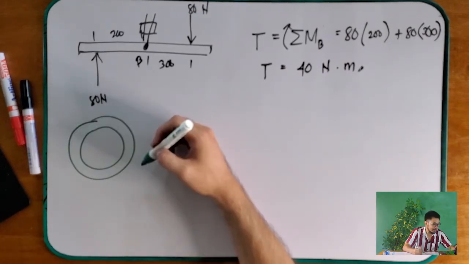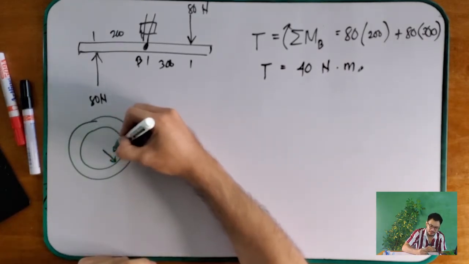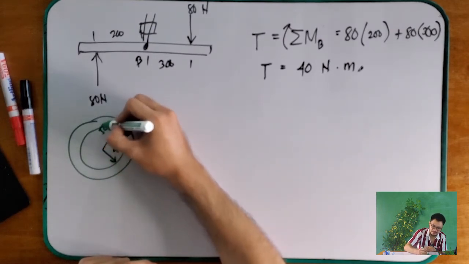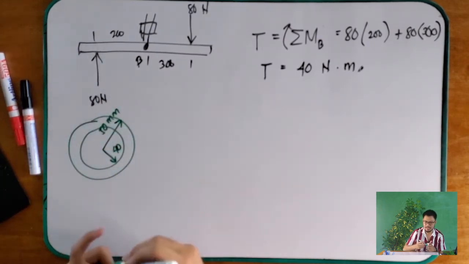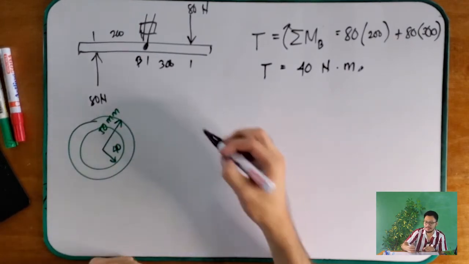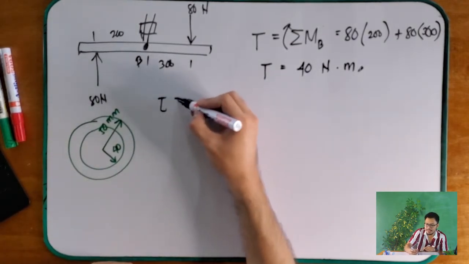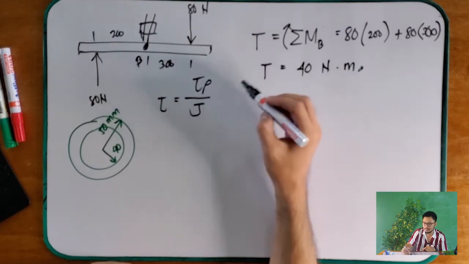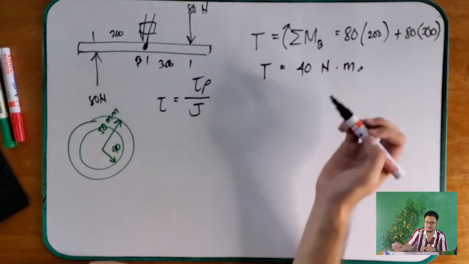It is given that the inner radius is 40 millimeters and the outer radius is 50 millimeters. Okay. And what we're looking for is the tau, which is equal to T rho over J, or TC over J for tau max. Okay.